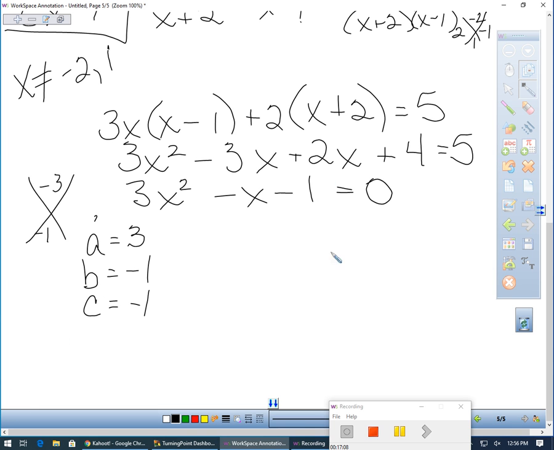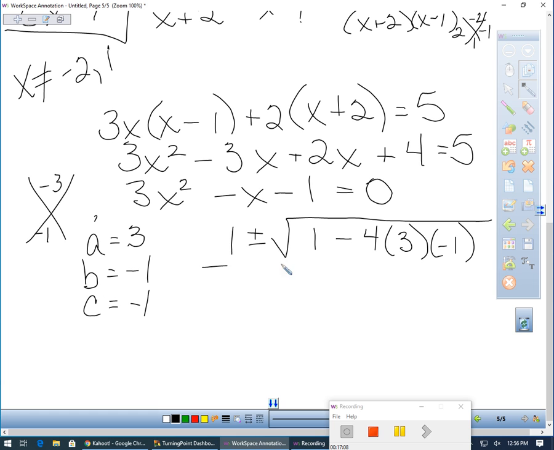So we have negative b, so plus 1, plus and minus the square root of b squared minus 4 times a times c, all over 2a. Underneath that square root, what do we get? 13, good. So we have 1 plus and minus the square root of 13 over 6.